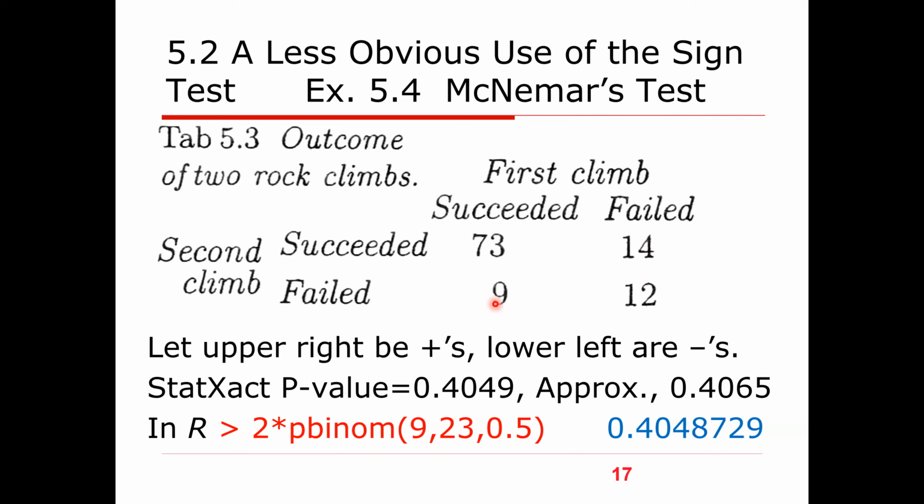So here altogether 14 plus 9, 23 people, and 9 of them failed in the second climb but succeeded in the first. So we use 9 out of 23 with p as 0.5. Although 14 is different from 9, we still need to conclude there's no significant difference in the difficulty of the two climbs.